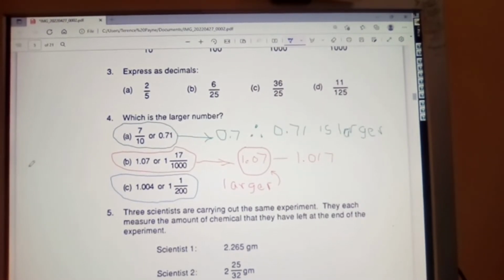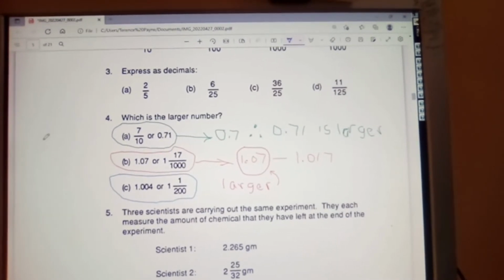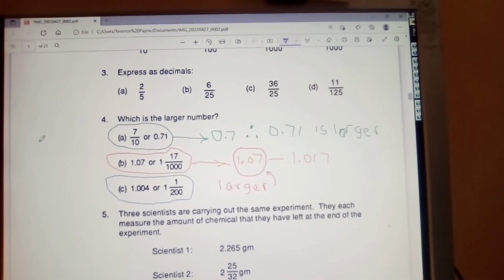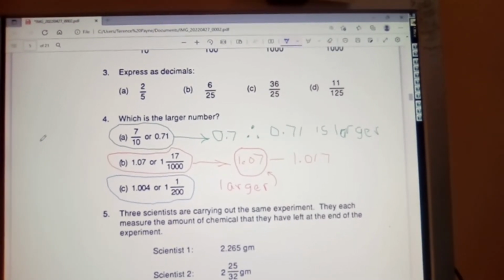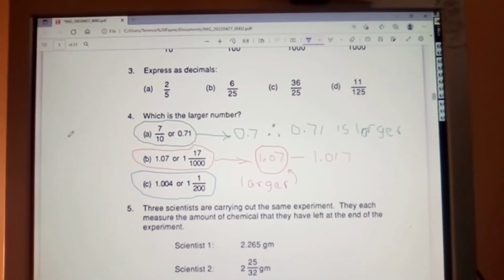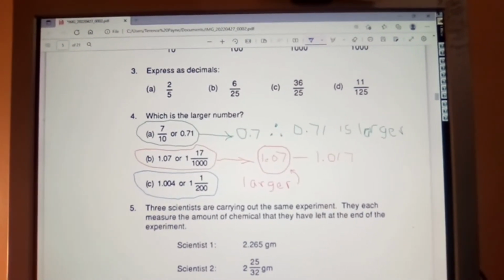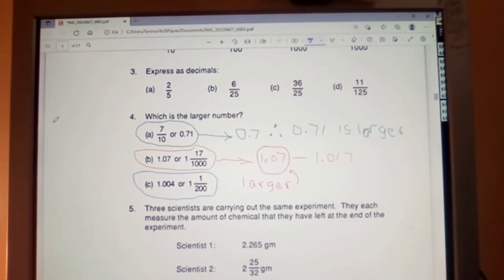So when we look at this, we have to take it into account. It's 1.004 or 1 and 1/200th, which is the largest. That's what we're asking the question on. And let me see how to try to illustrate this.